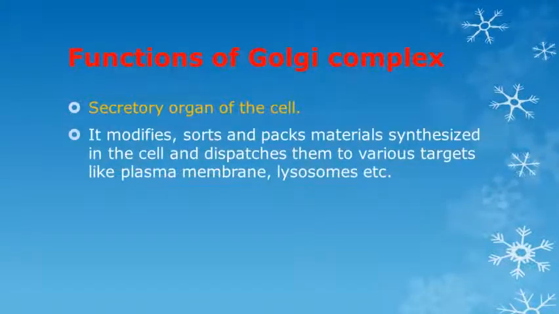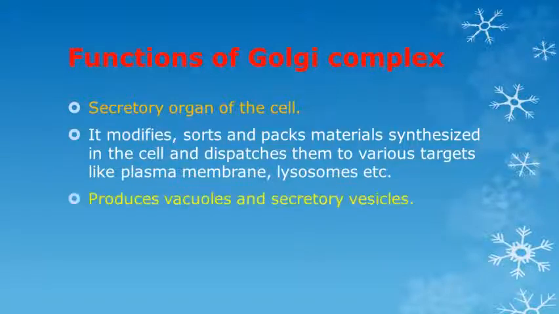It modifies, sorts and packs material synthesized in the cell. That means the proteins and lipids are modified, sorted and packed, and it dispatches them to various targets like the plasma membrane and lysosomes, and it produces vacuoles and secretory vesicles.